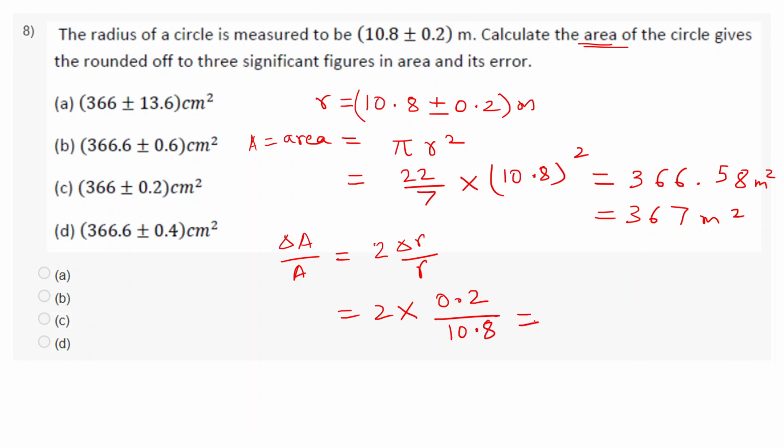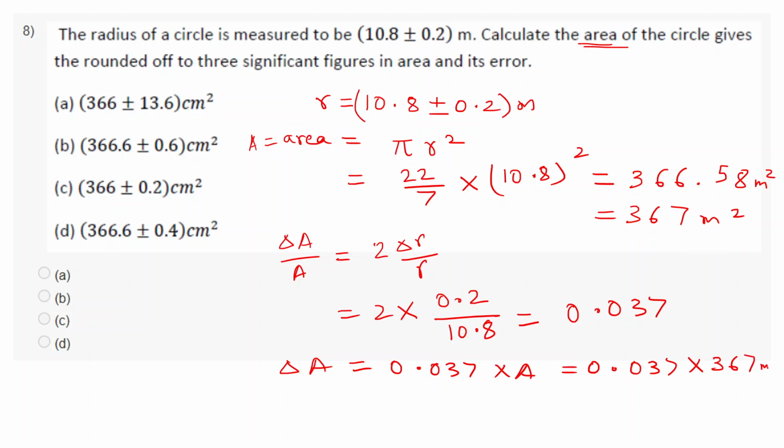So this will be 2 times 0.2 divided by 10.8, which is 0.037.